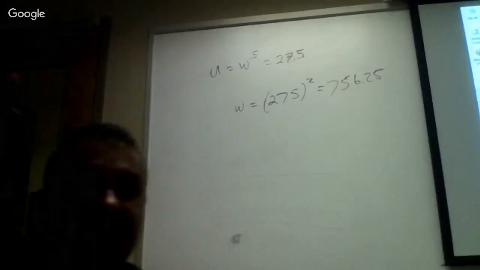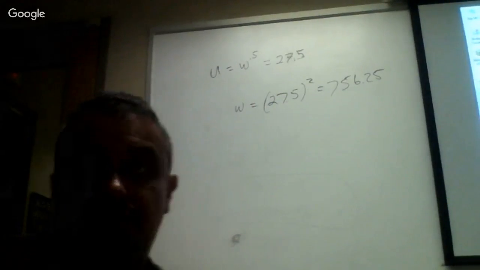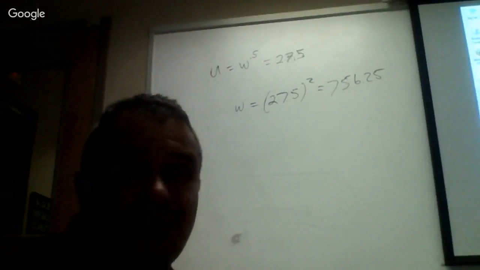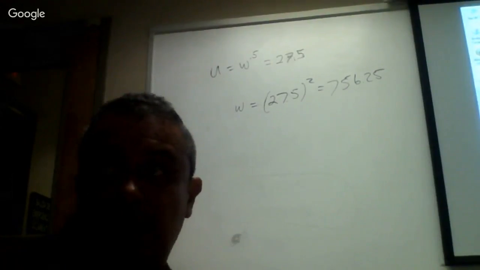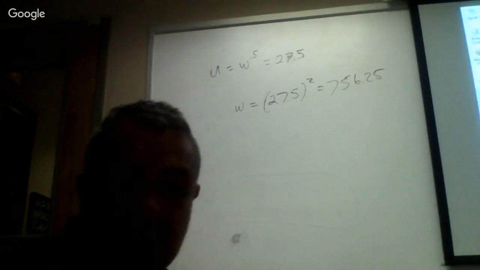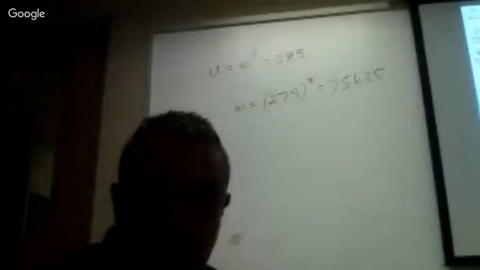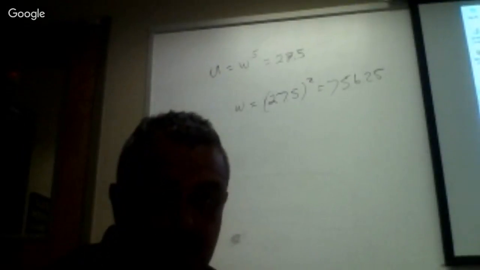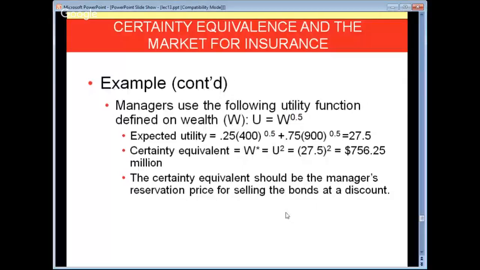So, right, that's how much I would have to offer him for those bonds to make him indifferent between selling to me and keeping the bond. If I offer him a little more, he'd take it. If I offer him less, he would not.